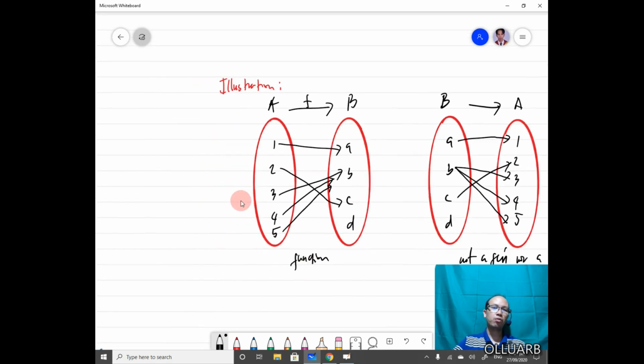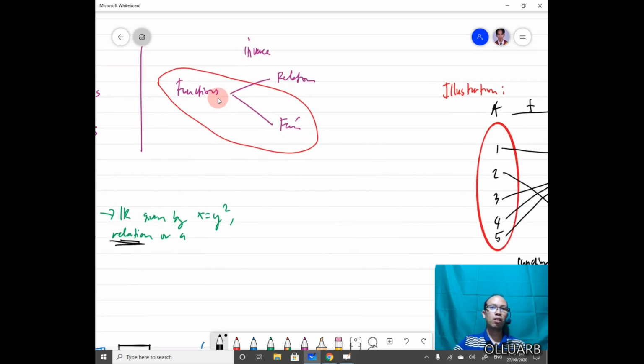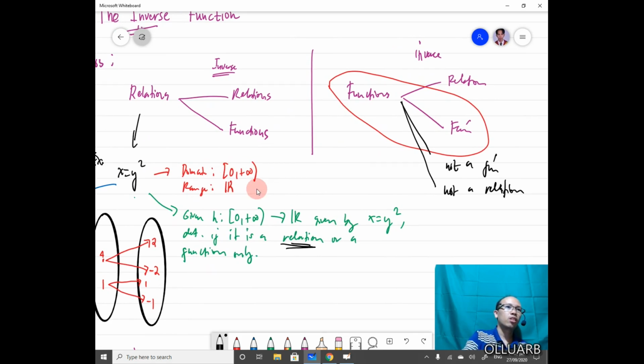Okay, so we have to be careful from this scenario that there are problems in which you can have a situation where you're given a function and then the result will be a relation or function, or not a function, not a relation. Okay, there will be cases like that.